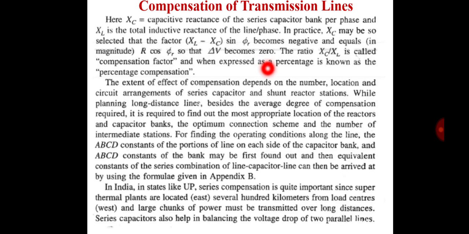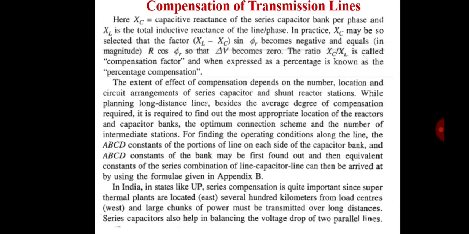The ratio XC divided by XL is called the compensation factor, and when expressed as a percentage is known as the percentage compensation. Okay, the extent of the effect of compensation depends on the number, location and circuit arrangement of series capacitor and shunt reactor stations.